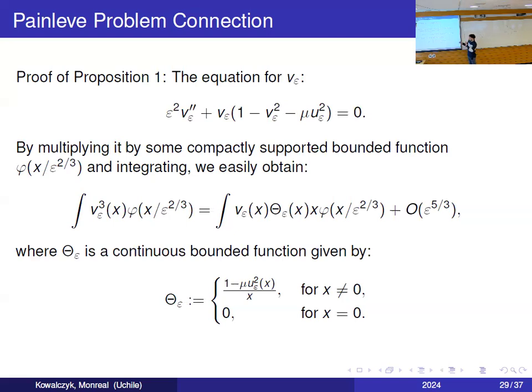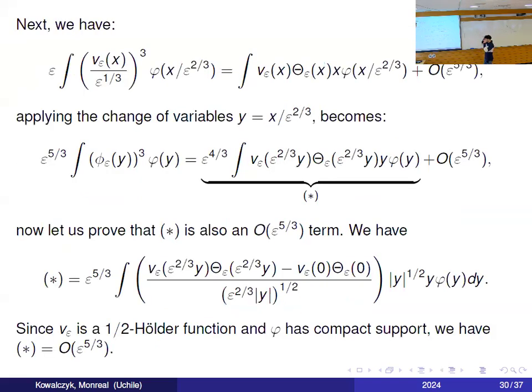All the other terms appear naturally if we just order the terms. We obtain this, and if we multiply the left-hand side and divide by epsilon, we get this, and under this change of variables, the left-hand side is actually phi, which we want to get an estimate for.